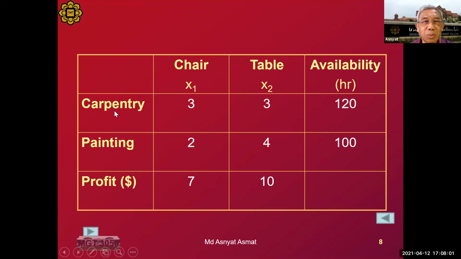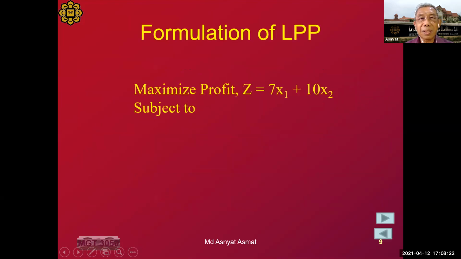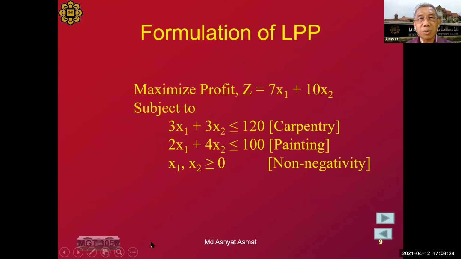Each of these has to go through two processes, carpentry and painting. They have given here 120 hours, 100 hours, and then the profit 7 and 10. Let's say you formulate this problem and solve graphically, and I think these are the formulations.